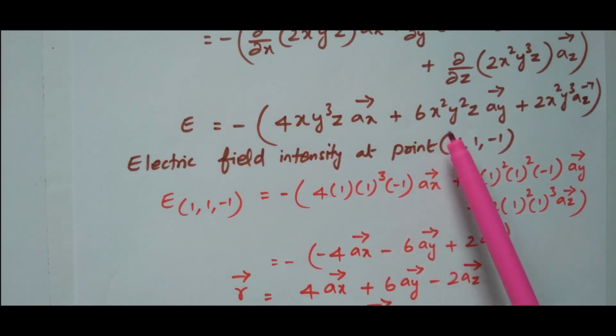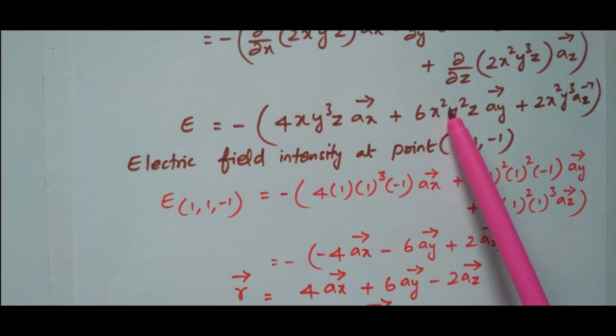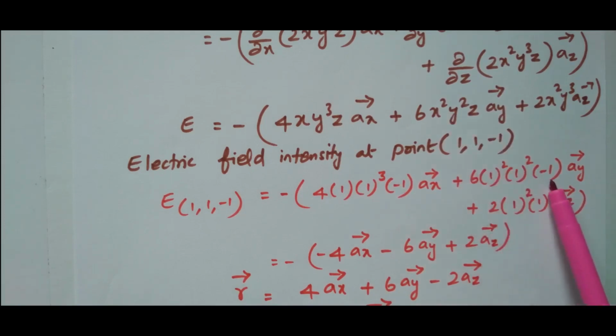Similarly, 6 into x square is 1, y square 1, z minus 1, into 2 x square y cube. Here z is not available. Only in the first two terms is z available.